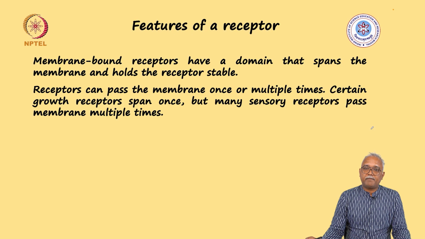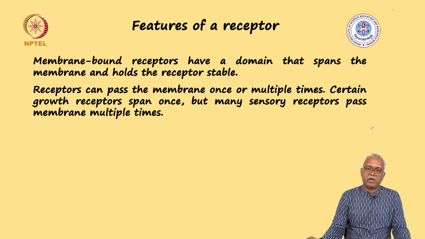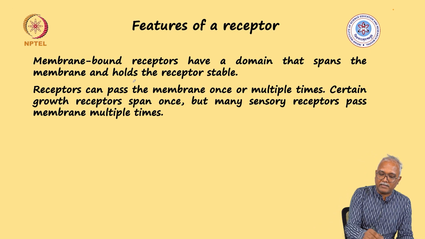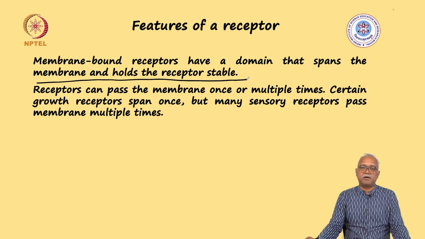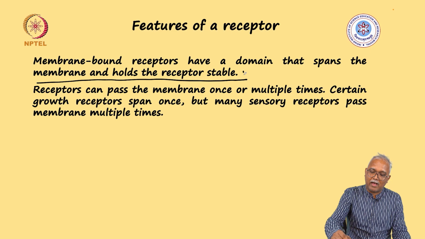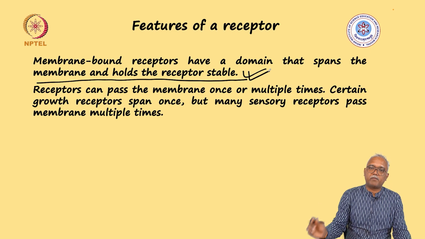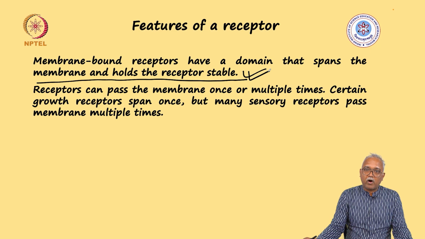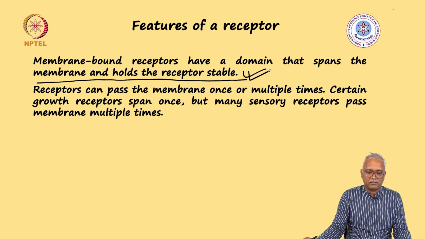Now these membrane-bound receptors have multiple domains, and they span the membrane multiple times or just once. It's the property of the receptor. So membrane spanning is very important to hold the receptor stable in the membrane. If you do not have the membrane spanning domain, it will not serve as a receptor for those molecules which cannot gain entry inside the cell.